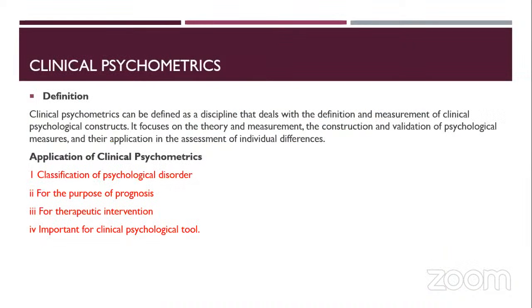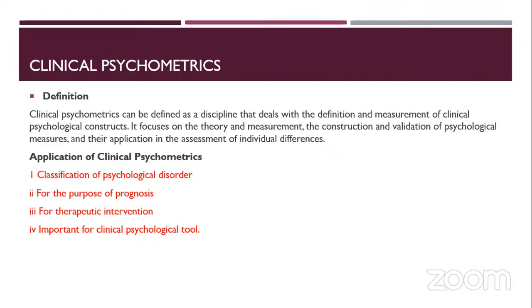Before that, we have to see what clinical psychometrics is and what its role is in tool construction. Clinical psychometrics can be defined as a discipline that deals with the definition and measurement of clinical psychological constructs. It mainly focuses on the theory, measurement, and construction validation of psychological measures and their application in the assessment of individual differences.